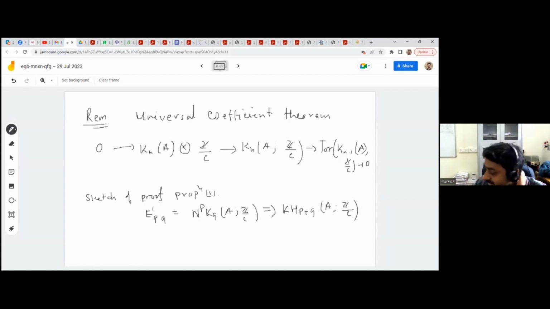But one notices that for K theory with coefficients, these terms vanish. One can check that N_p K_q with finite coefficients becomes 0 for all p ≥ 0.